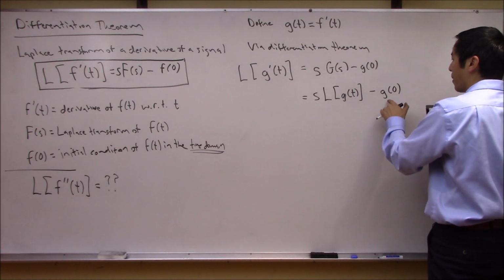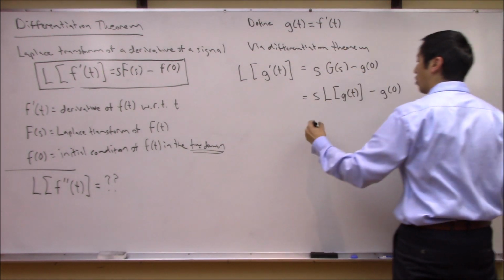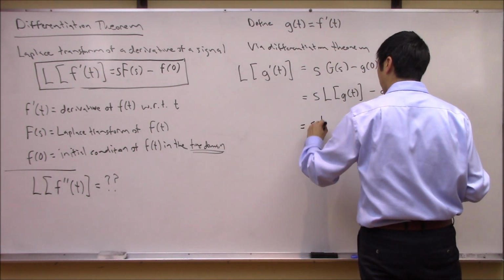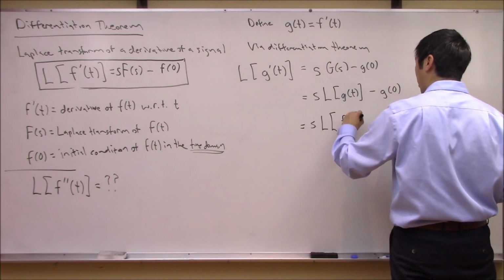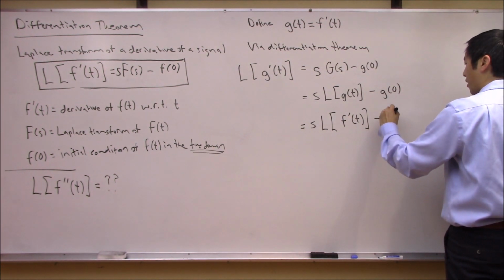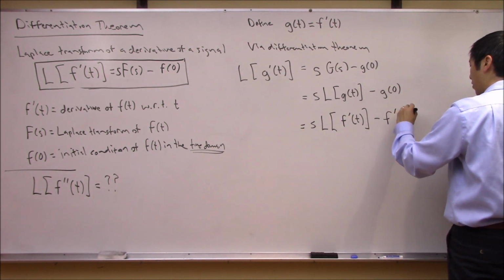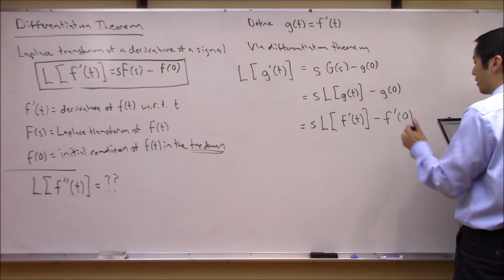And now, if we remember, what is g? Well, g is the first derivative of f. So we can say this is s times the Laplace transform of f prime of t, minus, here, this is now what? It's f prime at 0. And again, be real careful about lowercase versus uppercase, right?